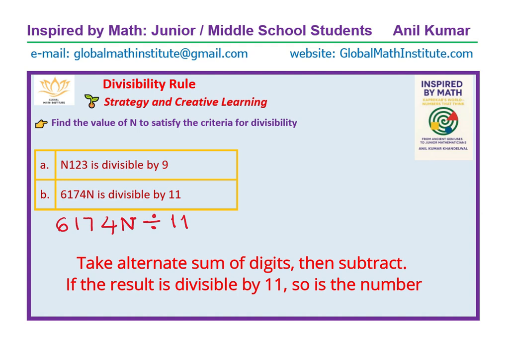Slightly confusing, right? What it basically means is that if you add these numbers and add these numbers and subtract them from one another, then whatever you get should be a multiple of 11. So the alternate sum of digits and their difference is a multiple of 11.